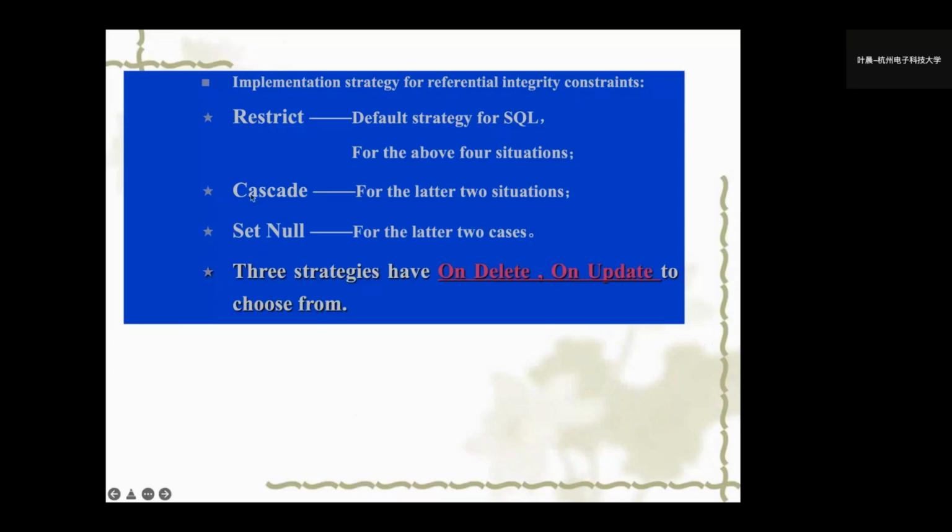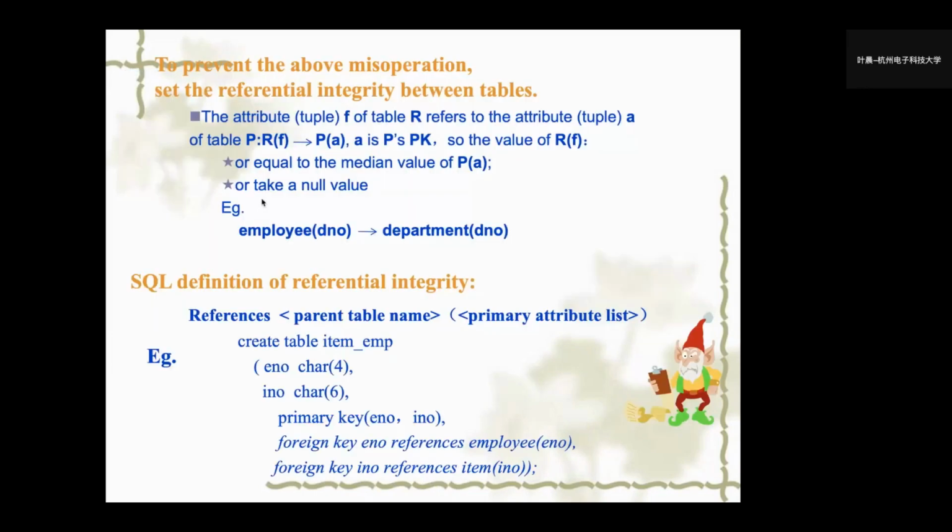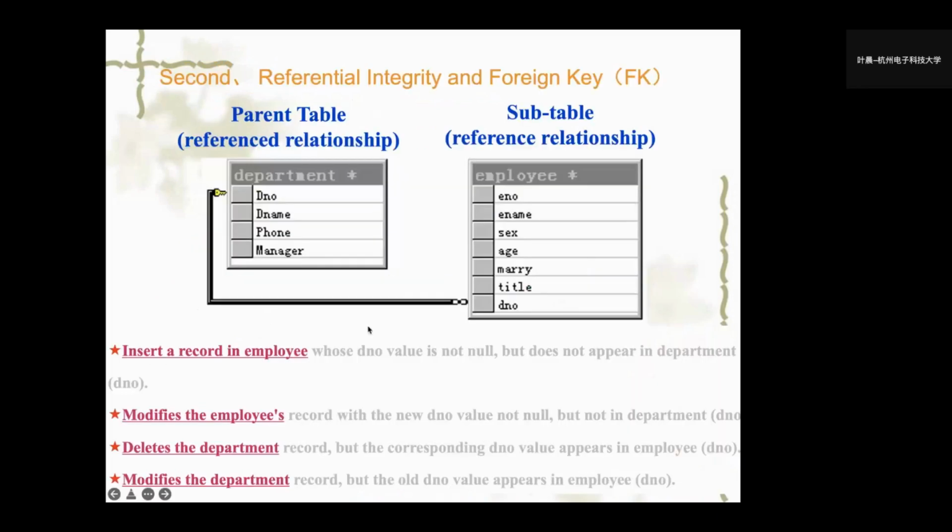And for the later 2, the difference is that for the cascade, if you write this kind of option, it will make these two records not appear.